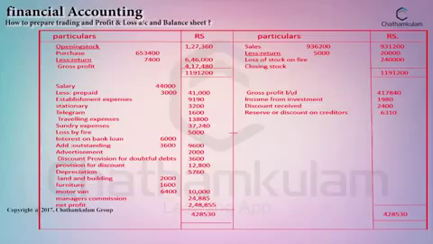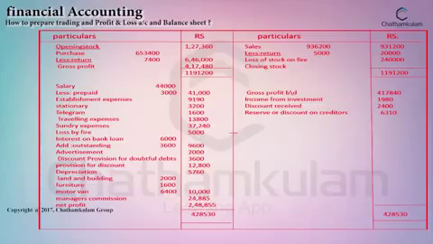In the adjustment we have seen loss of stock on fire rupees 20,000. We are crediting that. The trading account ends with closing stock. So it's given in the adjustment and we are taking that in the credit side of the trading account.